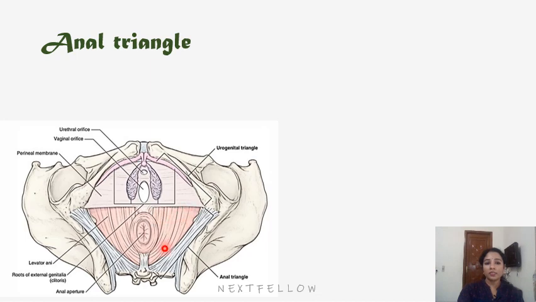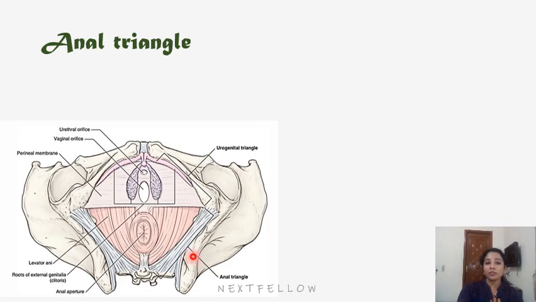We can see the levator ani, which is obliquely present, converging towards the anal canal and the sacrum. Levator ani and coccygeus form the pelvic diaphragm. So the muscles of the anal triangle include the external anal sphincter, obturator internus, levator ani, and coccygeus muscle.